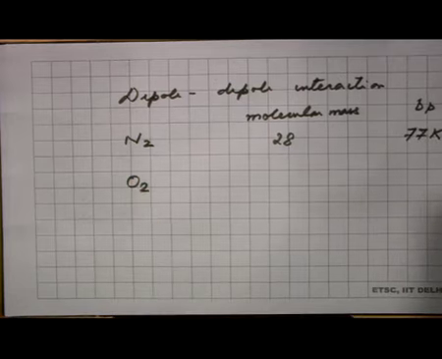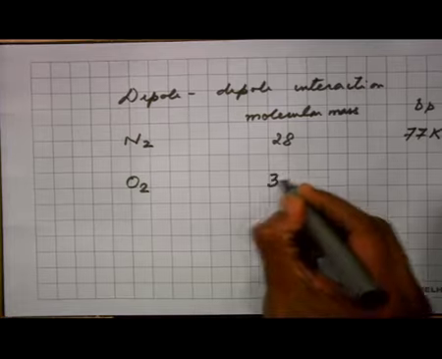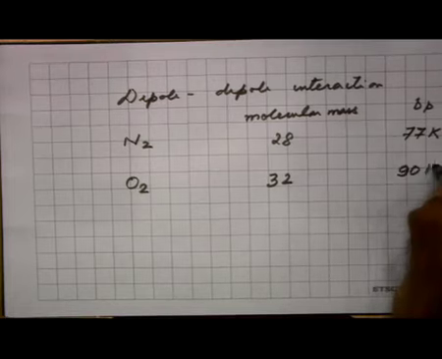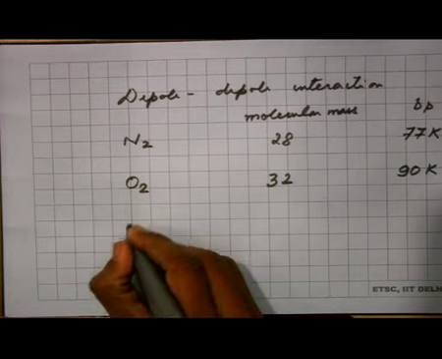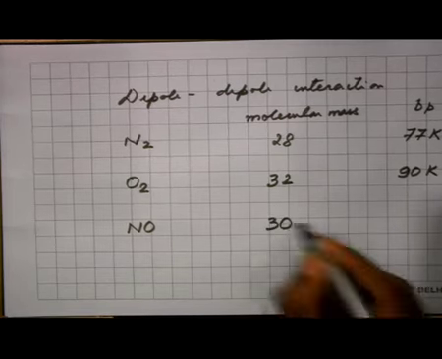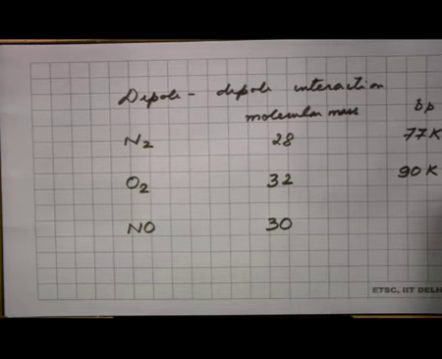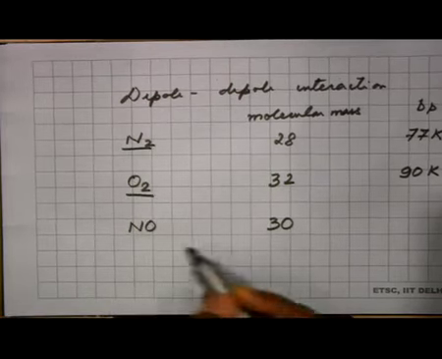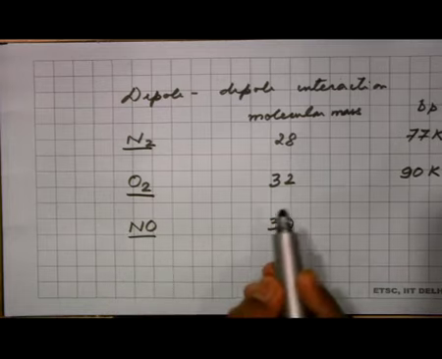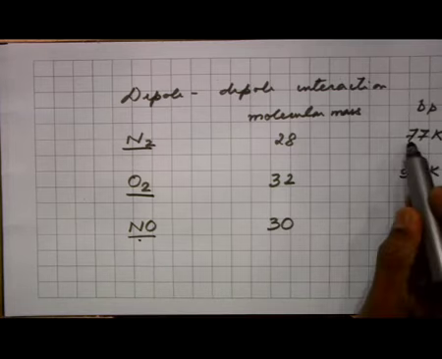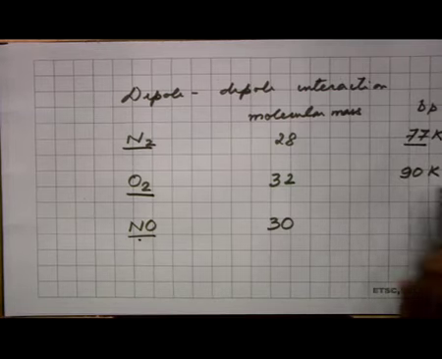Oxygen gas can also be liquefied, has a molecular mass close to 32 and has a boiling point of 90 K. NO has a molecular weight of 30, and if you think like I do, there is one atom of nitrogen and one atom of oxygen in NO, and I would imagine that the boiling point of NO would be somewhere between 77 K and 90 K.